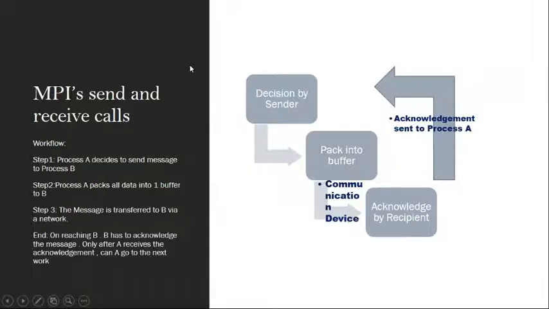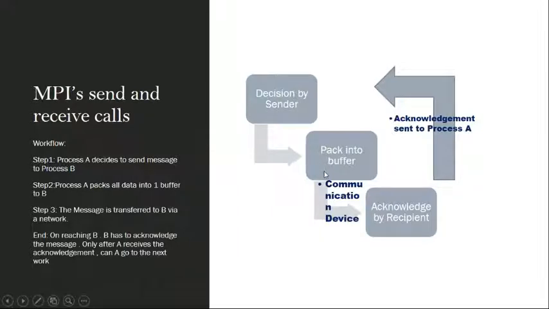As we had seen in the analogy, this is a small summary which we can gain from this flowchart. The first step is the first process, which is the sender, making the decision to send the message. After which, all the messages and data that need to be sent are packed into buffers.